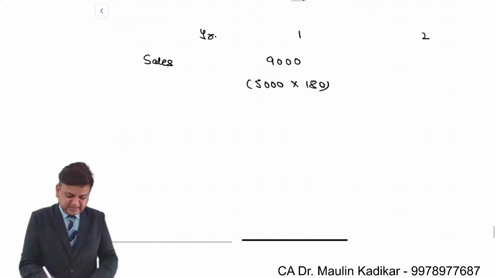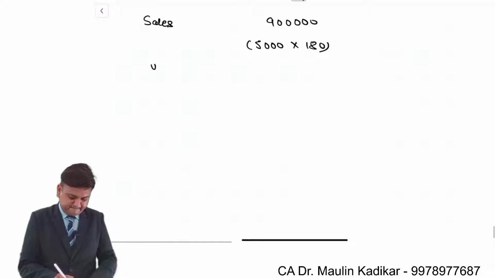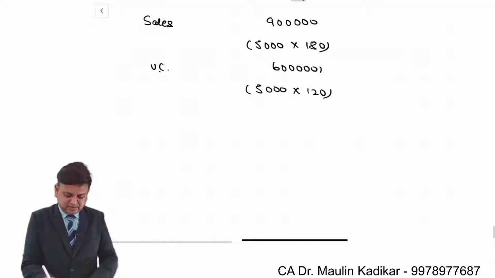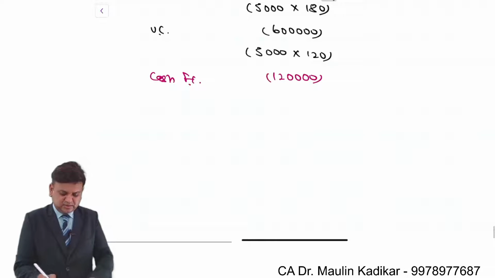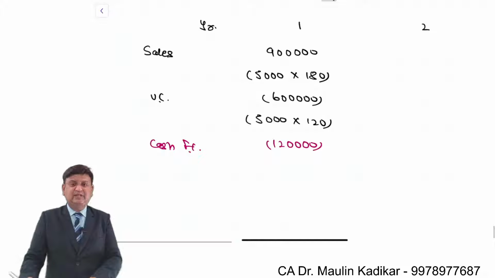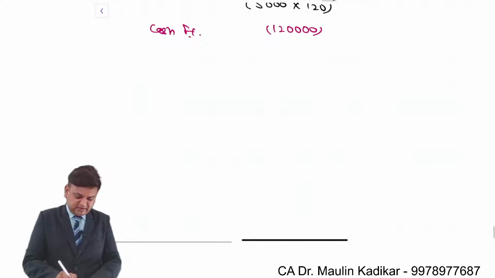So sales value is 9 lakhs. Variable cost 5,000 number of units into 120. That comes to 6 lakhs. Cash fixed cost 1,20,000. Till this point of time, everything is same what we already have done, along with the depreciation.